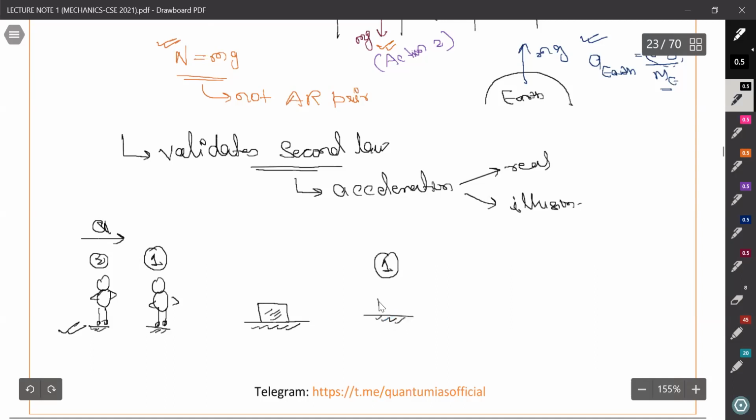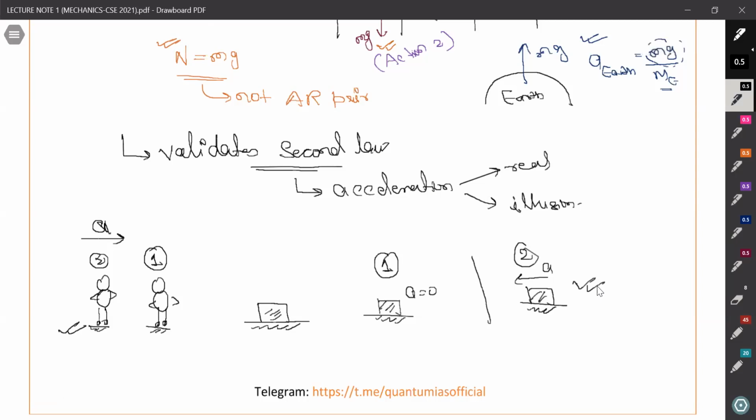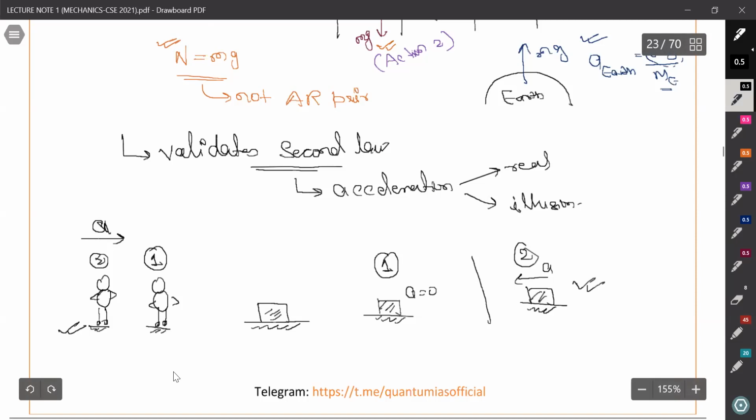That the block is at rest and a is 0. But the second observer will observe that he is accelerating in this direction, but no force is acting on it, no real interaction is there, but force is a real quantity. So it's the third law: if we are not getting any reaction, the second law is not valid, and that's what we call Newton's laws are not valid in a non-inertial frame.